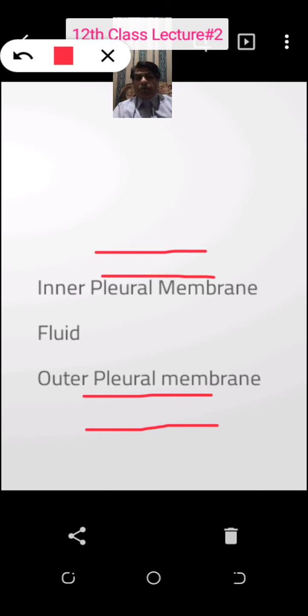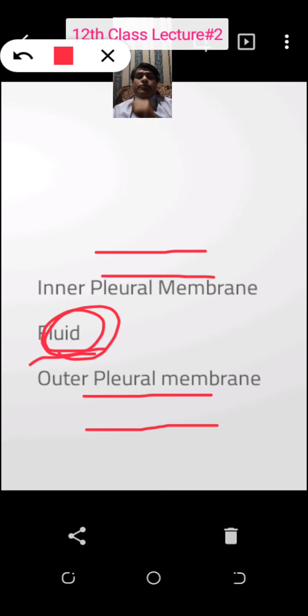Between them fluid was present. Why is that fluid present? Because that fluid will protect the heart, and similarly it also protects the lung. The name is different. In the heart, the fluid is pericardial fluid. Here, this is the pleural fluid, because it is between the pleural membranes.